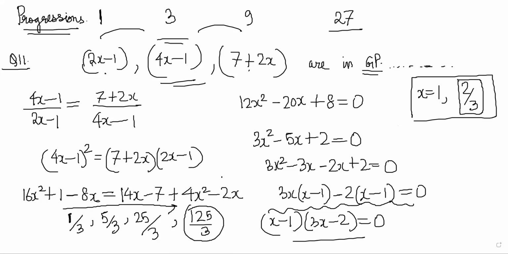Question number 12. 12 is a triangle question, but we can try it a little bit. Let's see. Question 12: triangle ABC, angles A, B, and C are in AP, right? You have to find out the value of sine of 2B.